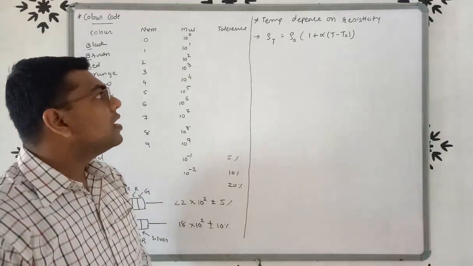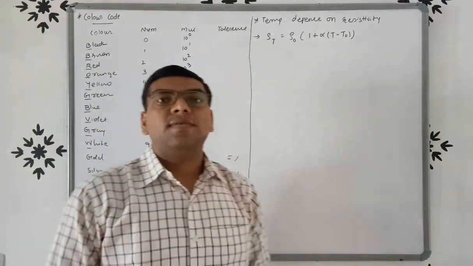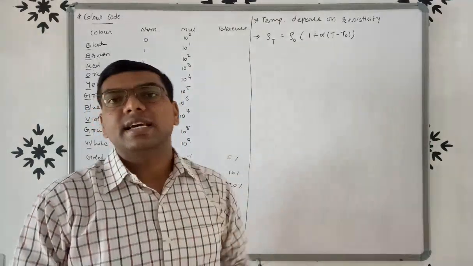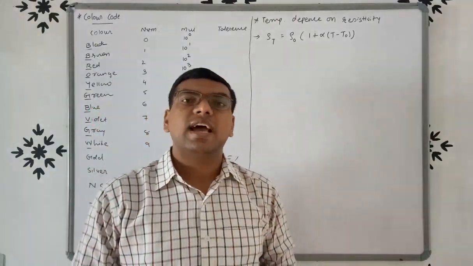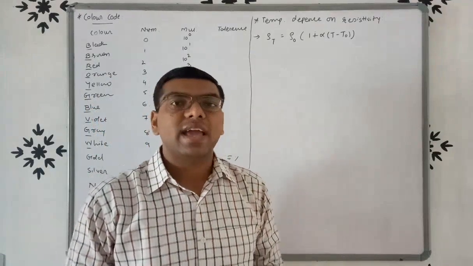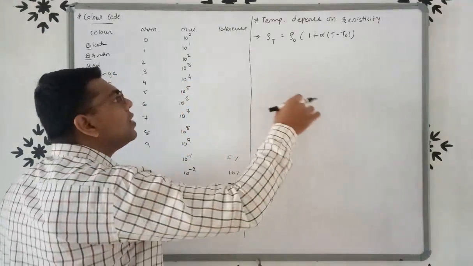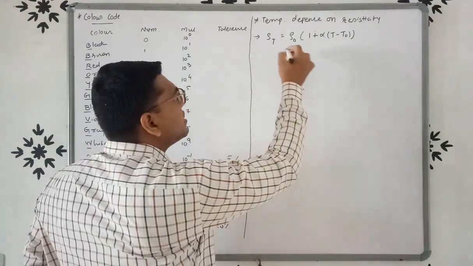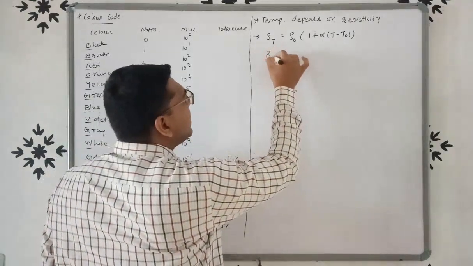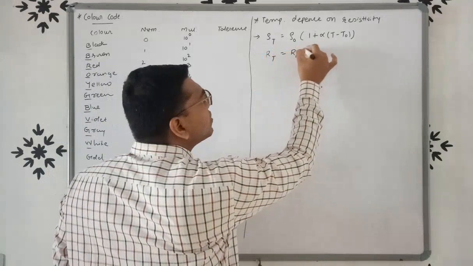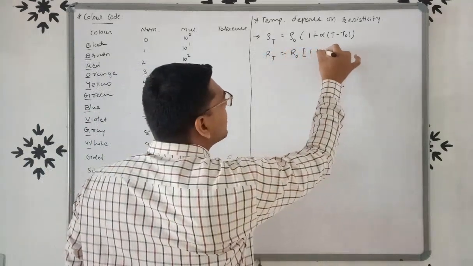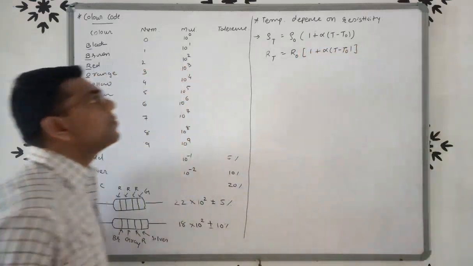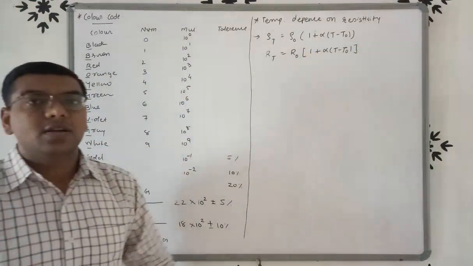We know that. Now, if we want to write resistance here, we know the equation R is equal to rho L by A. So if we want to write this equation in the form of resistance, then we can write that RT is equal to R0 into 1 plus alpha T minus T0, right?